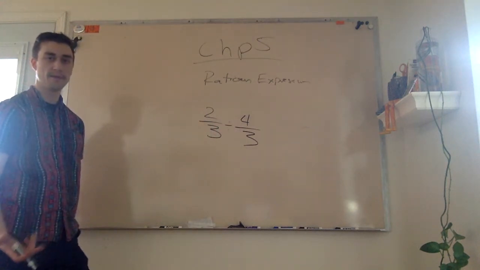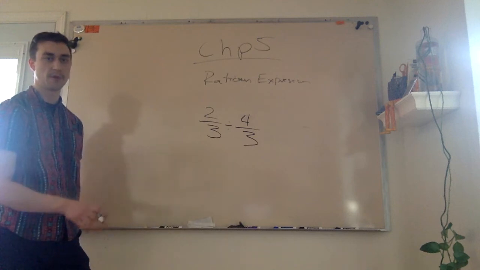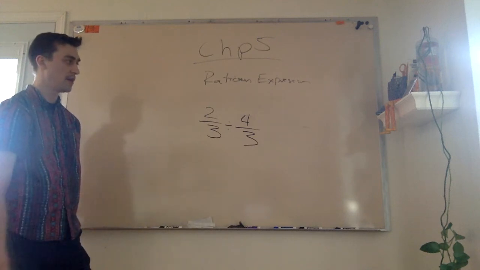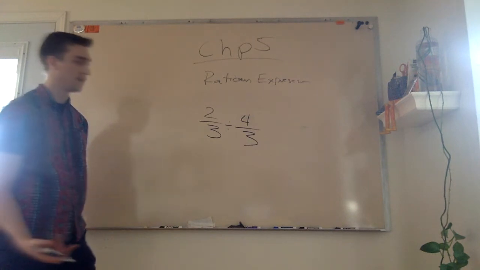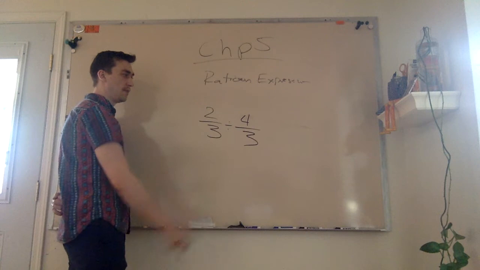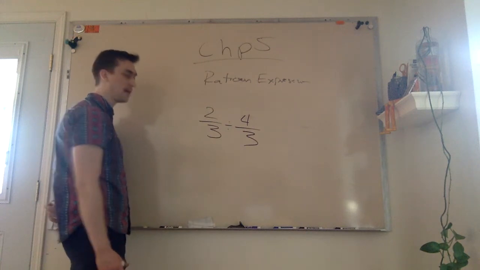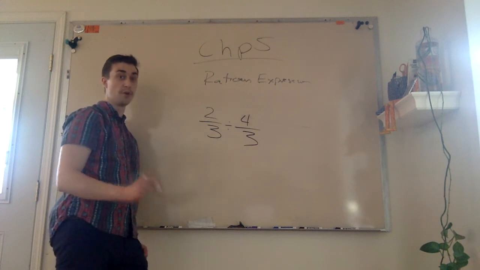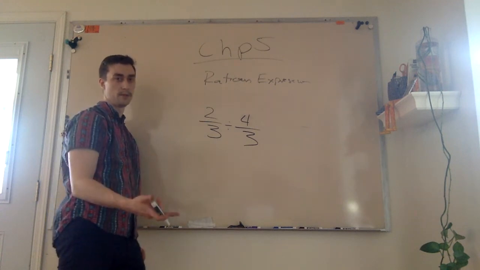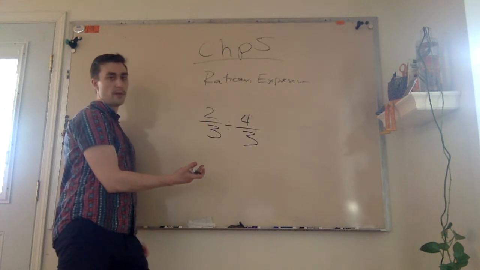Right, so when you multiply fractions, you do straight across the top, straight across the bottom. But when you divide fractions, it's keep, change, flip. I don't know if you remember this or if you've heard this before, but keep, change, flip is the way that I've always remembered how to divide fractions. Technically speaking, how you divide fractions is you multiply by the reciprocal. So keep, change, flip is a way to remember how to do that.